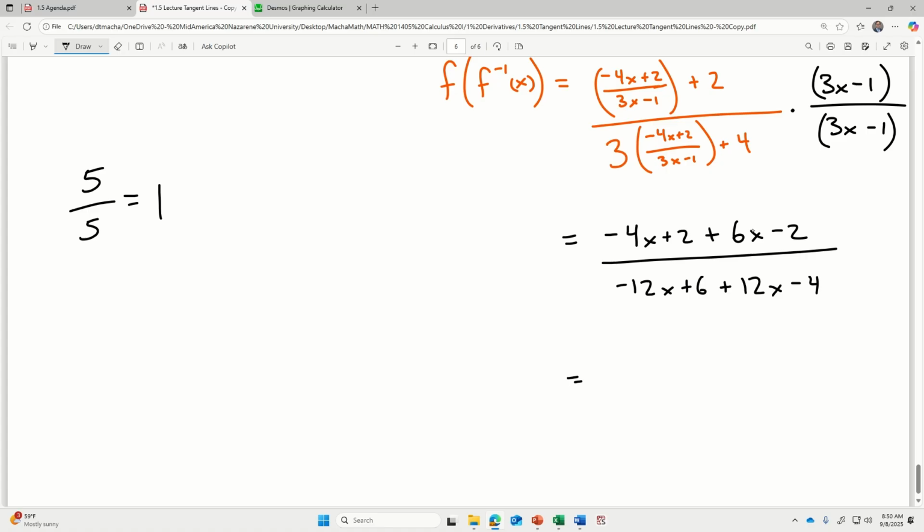Now, negative 4x plus 6x is 2x, and then the 2's cancel in the numerator. In the denominator, negative 12x plus 12x cancels, and I get 0. 6 minus 4 is 2, and so 2x divided by 2 is x. So I was right. I guessed correctly, because whenever I compose these functions and I simplify, I should always just get x.